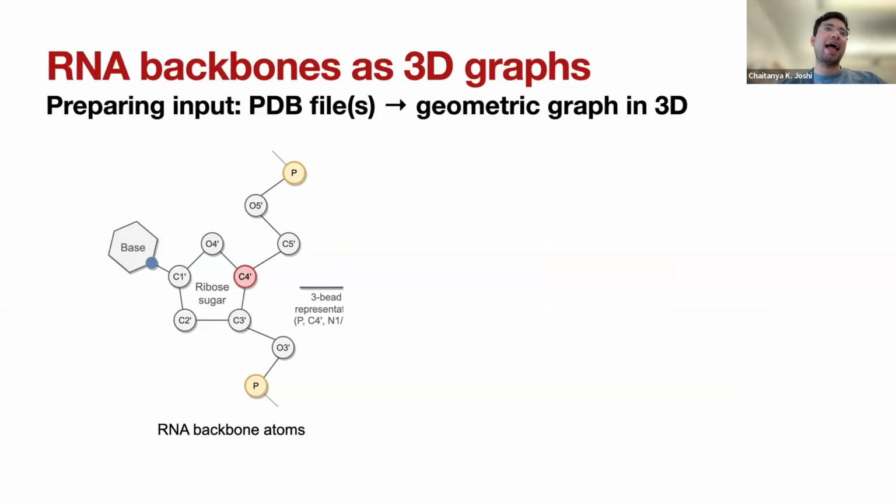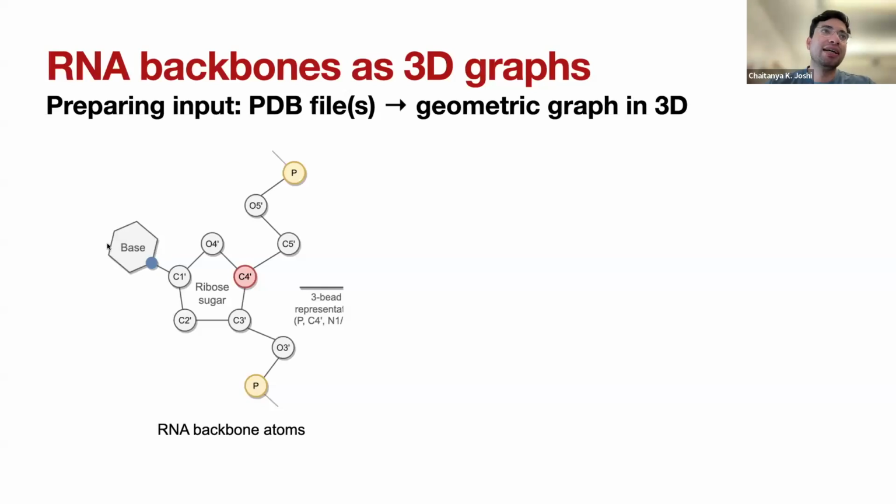So the analog of residues in proteins is called nucleotides for RNA. And these are like units in your structure, so units or groups of atoms. They're composed of a backbone, called a phosphate group here, a ribose sugar, which is a 5-membered ring, and then base atoms.